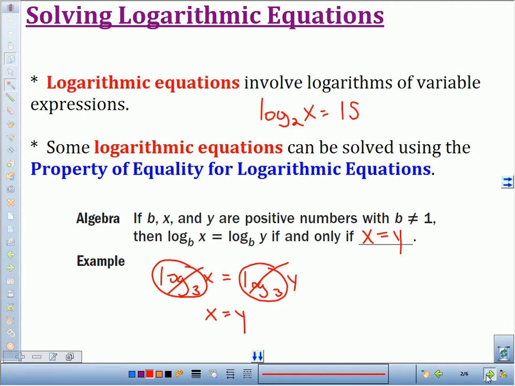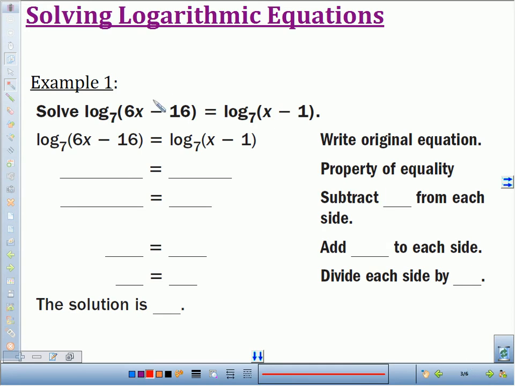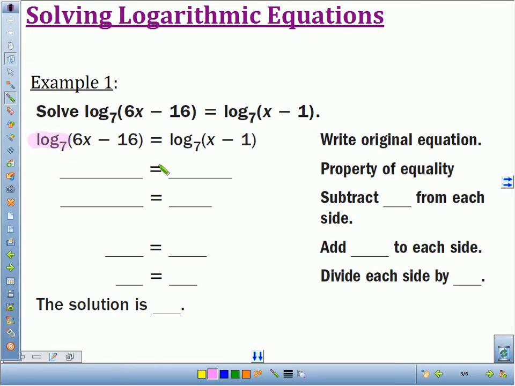So let's look at a couple of examples here. Our first example, we have log base 7 of 6x minus 16 equals log base 7 of x minus 1. So that's what we're starting out with. Immediately we should see that we have log base 7 here and log base 7 there.